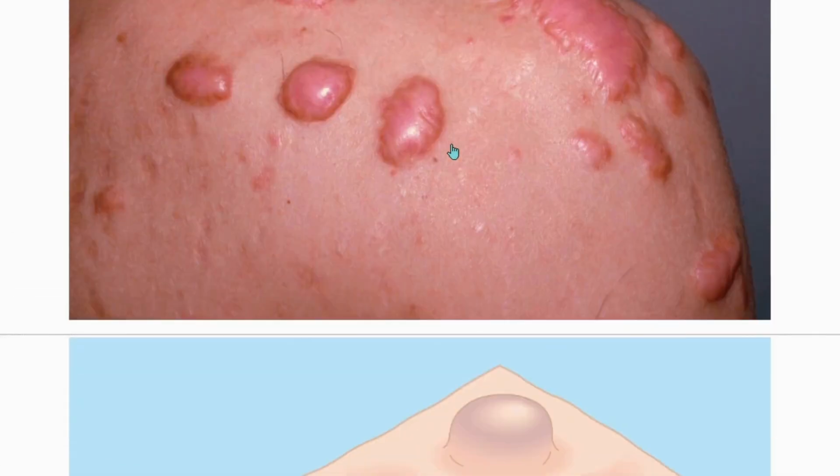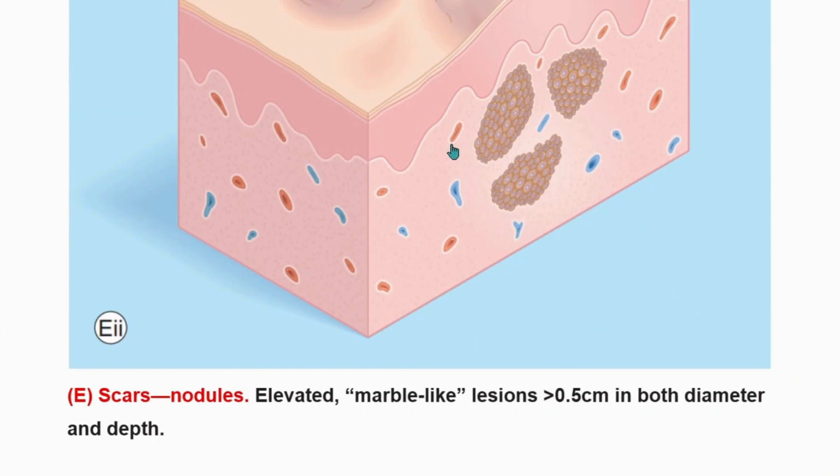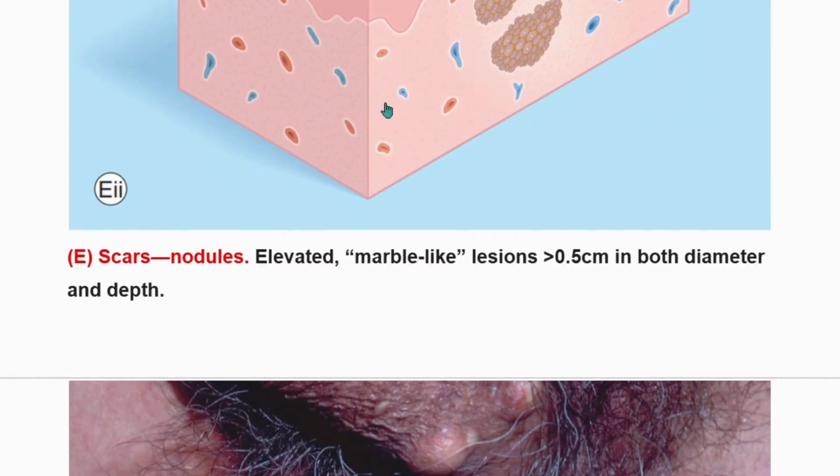Here we can see skin scars. We call the skin scars nodules. Nodules are elevated marble-like lesions in size more than 0.5 centimeter in both diameter and depth.